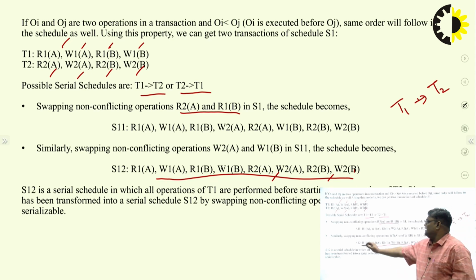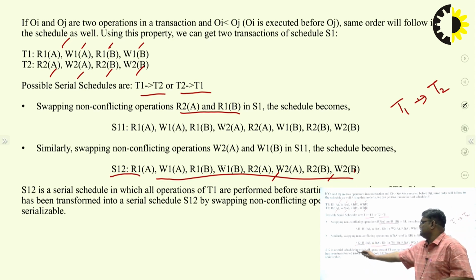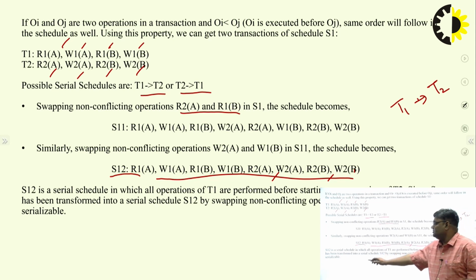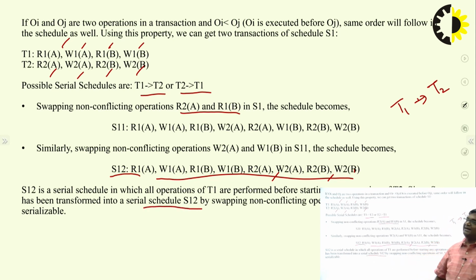So, S12 is a serial schedule in which all operations of T1 are performed before starting any operation of T2. Since S1 has been transformed into the serial schedule S12 by swapping non-conflicting operations, S1 is conflict serializable.